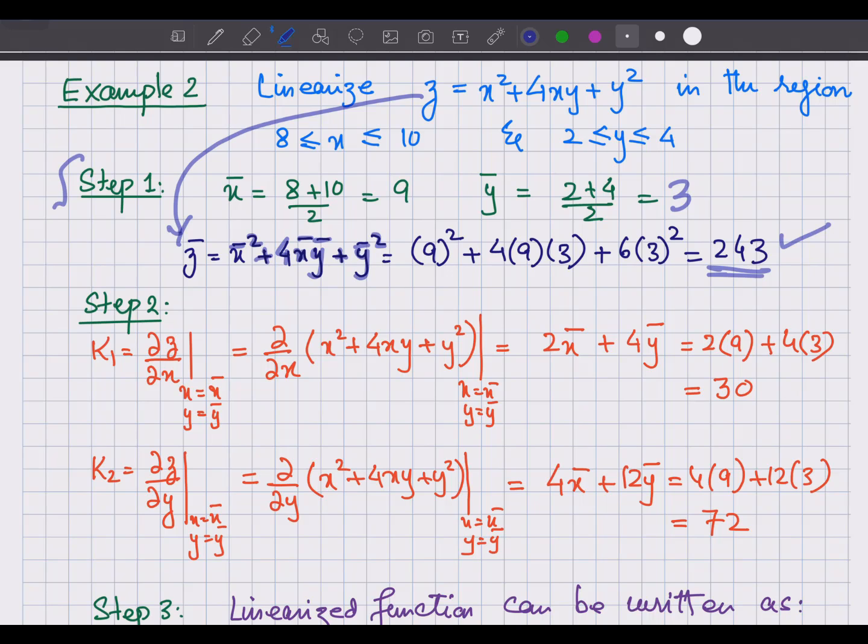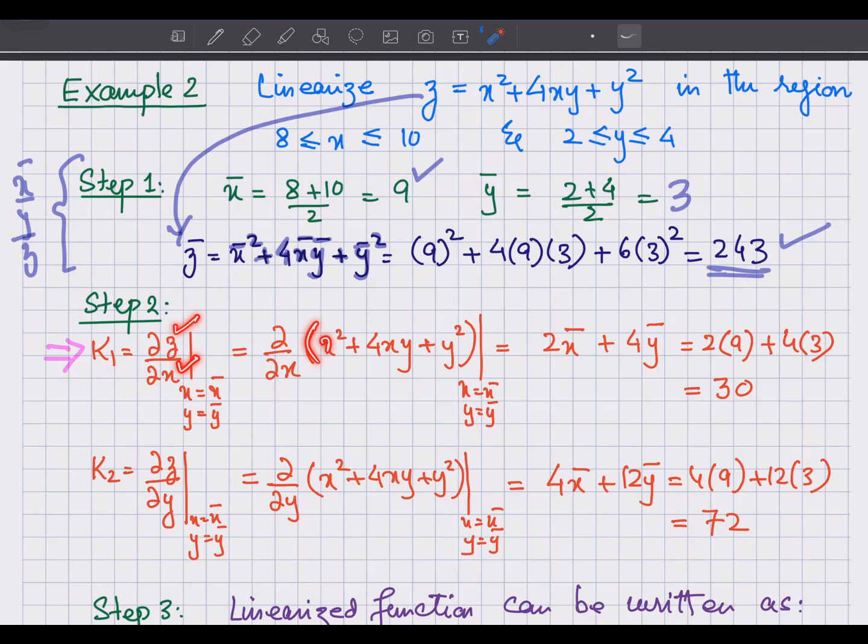Okay, so in step 1 we have calculated x bar, y bar and z bar. Now we are going to find the derivative of the function with respect to x and y at this selected operating point, where x bar is equal to 9 and y bar is equal to 3. Now let's evaluate k1. K1 is the derivative of the function, that is z, with respect to x.